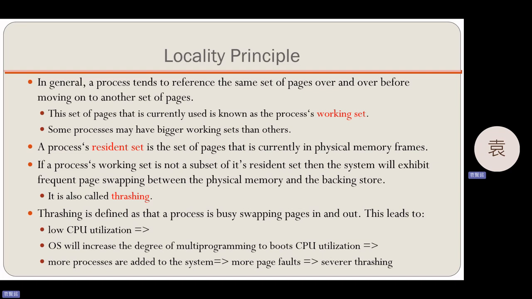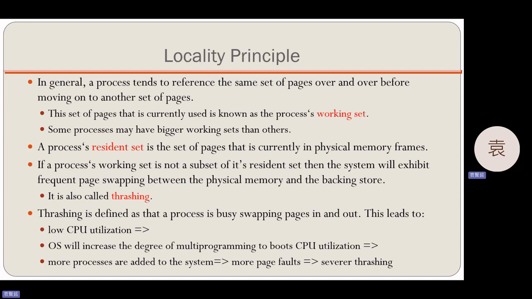In most cases, if the CPU utilization becomes low, the operating system usually takes a strategy to increase the number of processes in the system, trying to boost the CPU utilization.